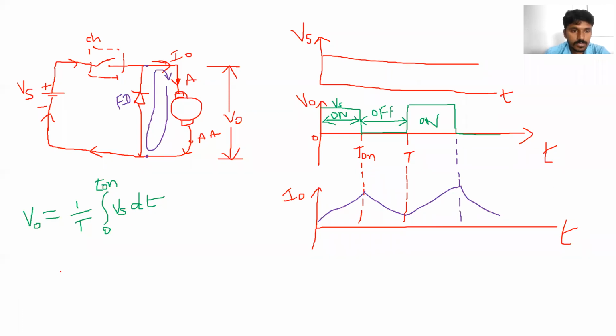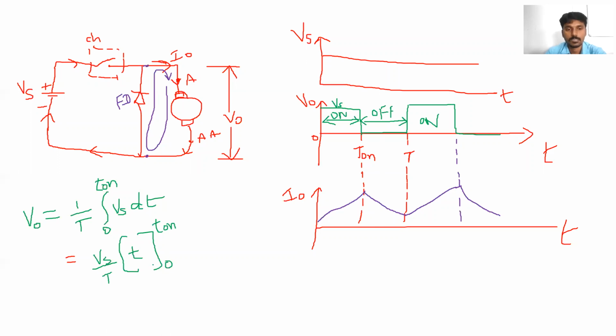So what can we write in this equation? Vs is a constant now, yes or no? The supply voltage is constant, so this constant term we can bring outside: Vs by T, integral of 1 into dt from 0 to T on.